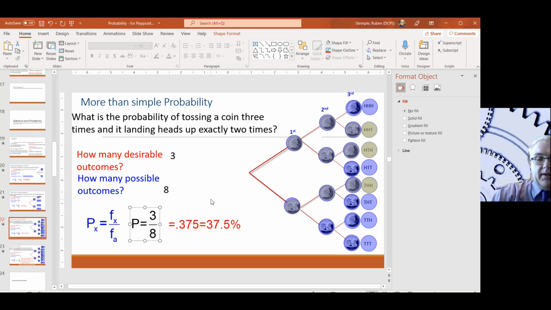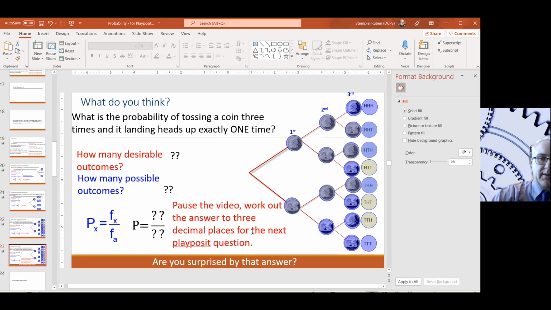Okay, it's going to be your turn in a minute. So if you need to back up and watch the video a little bit more so you can see how that worked out, I'm going to have you do the next experiment. The next thing that I want you to do is to work out the answer to 3 decimal places for this Padlet question, which is the same type of experiment. I toss a coin 3 times and I want it to land heads up exactly 1 time, right?